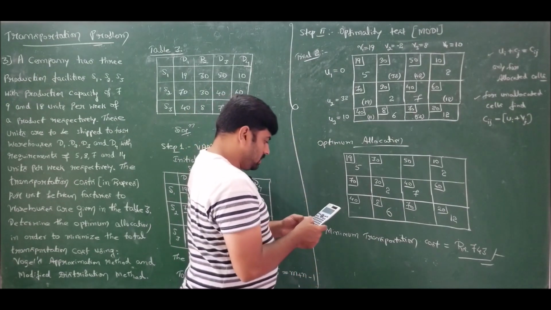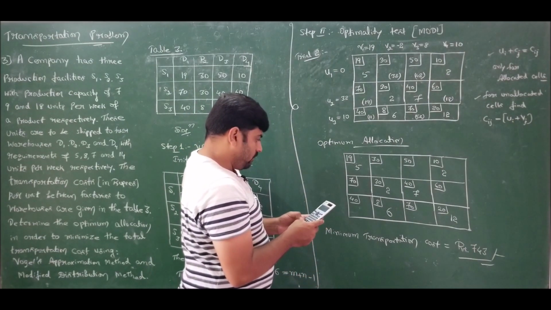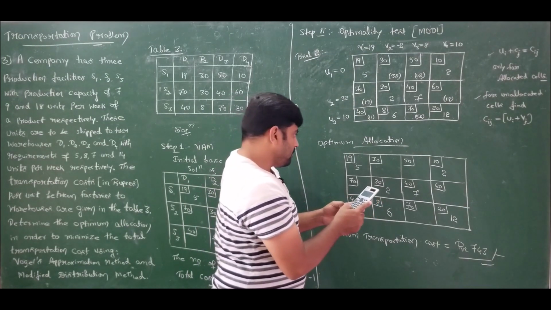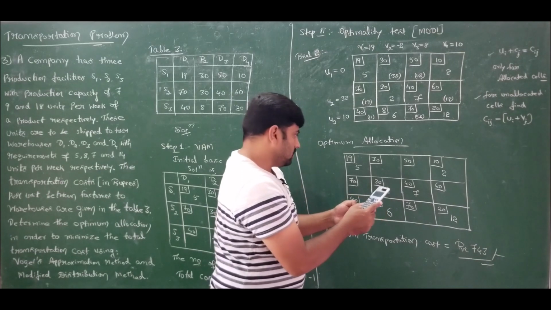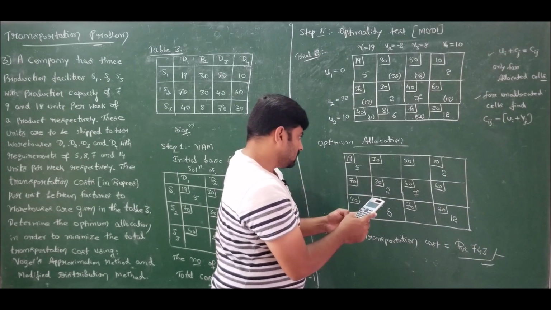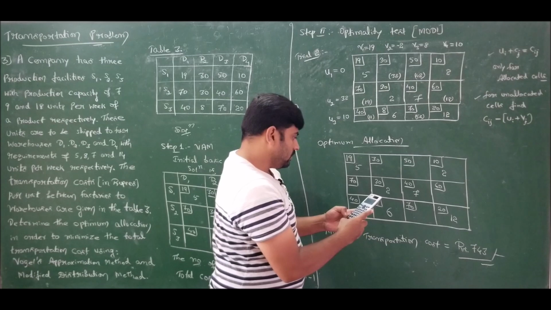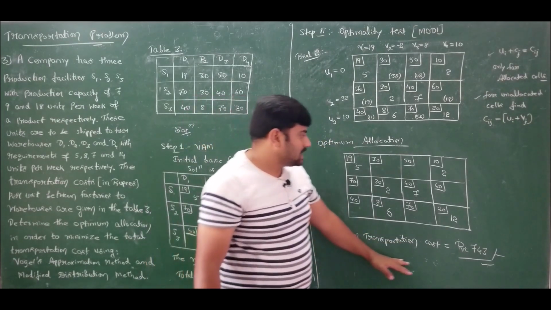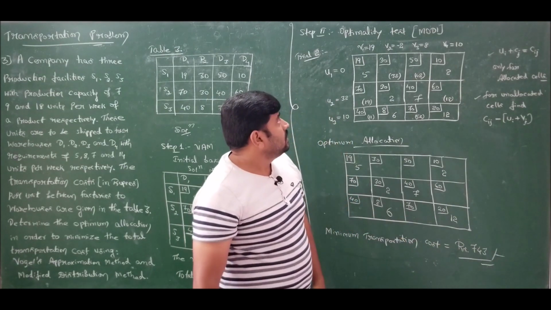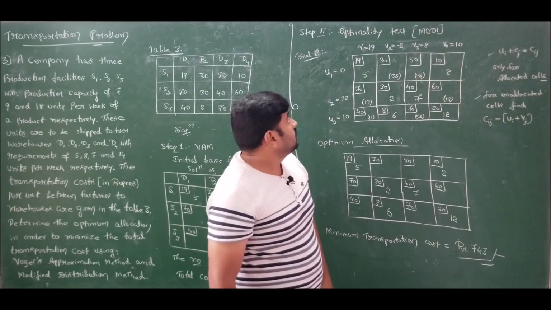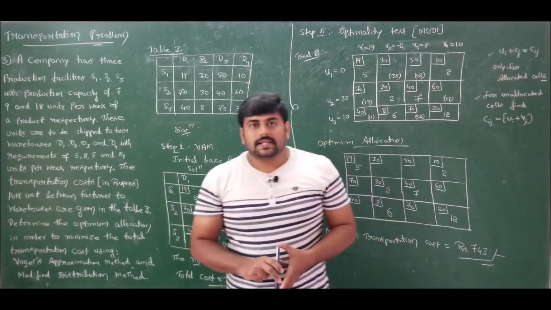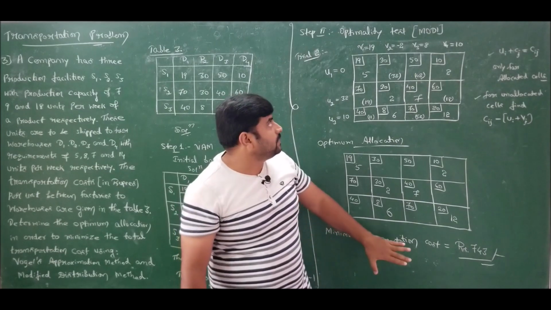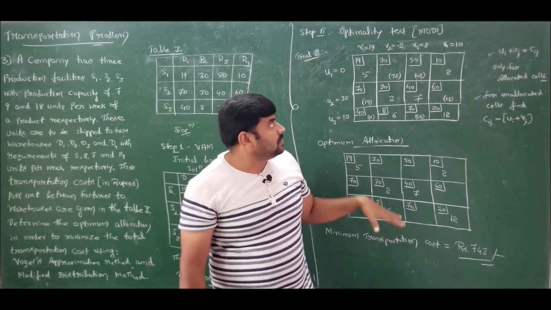That is 19 into 5 plus 10 into 2 plus 30 into 2 plus 40 into 7 plus 8 into 6 plus 20 into 12, which is 743. So we found out the optimum allocation and minimum transportation cost by using modified distribution method. Modified distribution method is also called as UV method. So this is how we will solve for optimality using modified distribution technique.